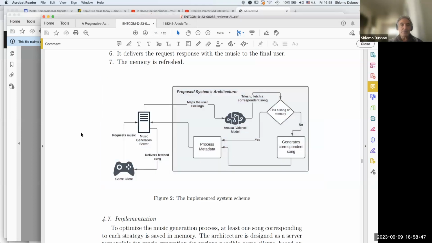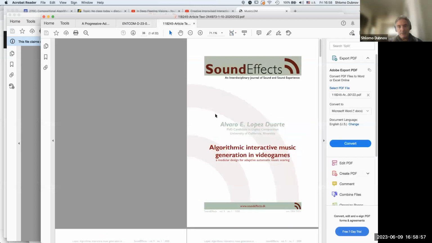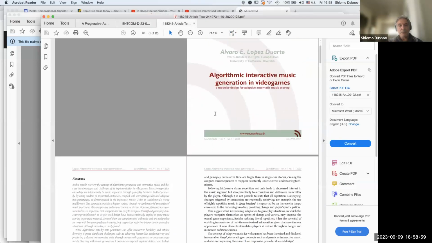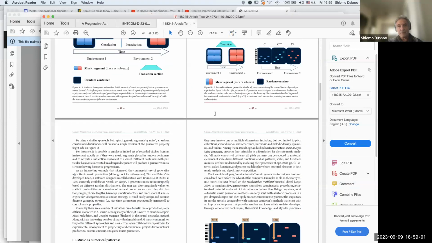But people actually are trying to use more and more techniques that use generative music for games. So what would be examples of the difference between adaptive and generative music?